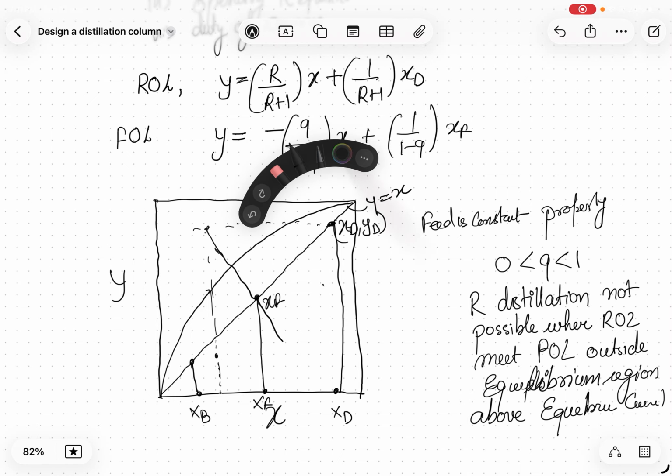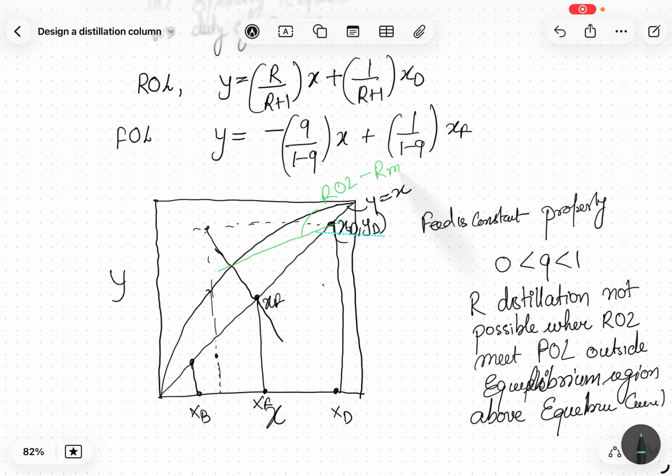So the value of R at which the ROL, this is ROL for R minimum, at which these two meet within the region first. Why is this called R minimum? Because at this, the number of stages will be infinite. Let me explain why.